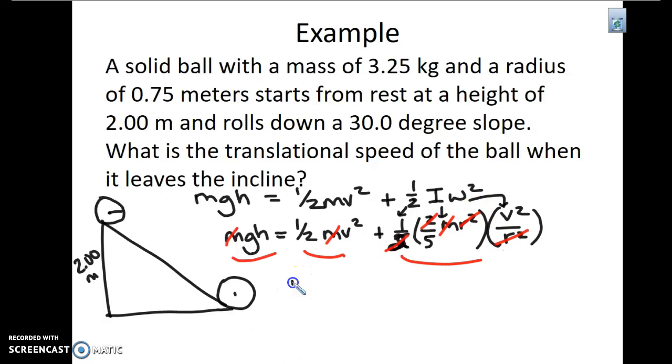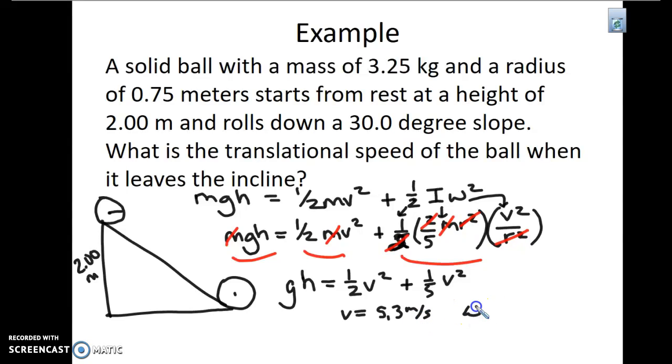And so what you end up with here is gh is equal to 1/2 v squared plus 1/5 v squared. And you would just add the 1/2 plus the 1/5 together, and 9.8 times the height of 2, and then divide by 1/5 plus 1/2, and you end up with a velocity of 5.3 meters per second.